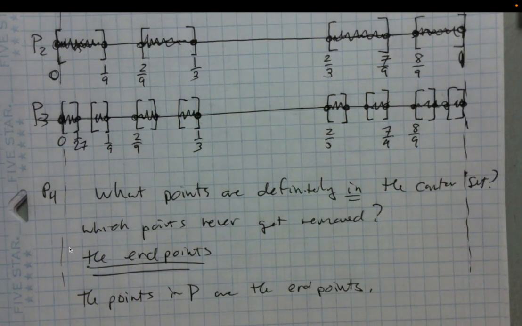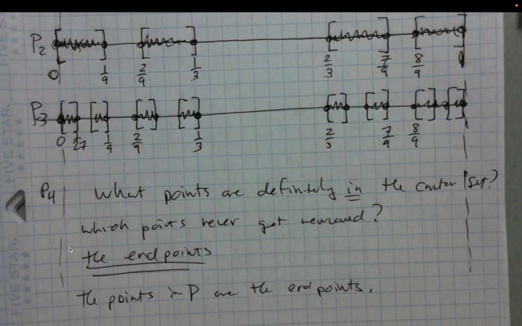Okay, and there are obviously infinitely many of them, but I think we'll be surprised in a moment to find out just how many there are, in fact. The cardinality of P is a little bit surprising.